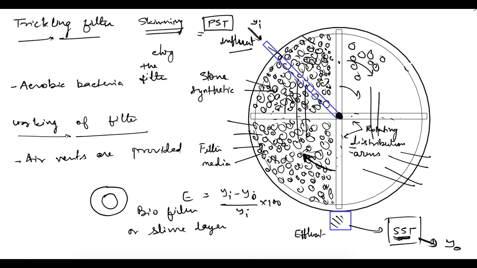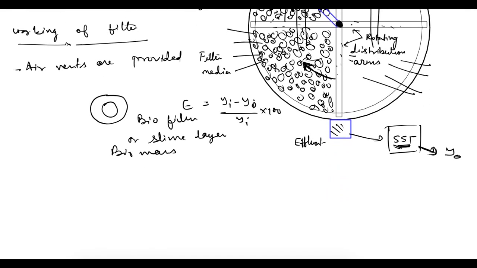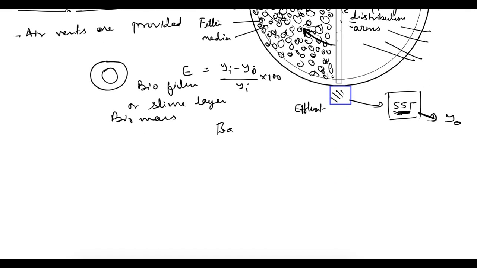This slime layer consists of biomass, and what are the constituents of this biomass? Obviously bacteria is there, and apart from bacteria, protozoa and lichen can be there. These are some of the constituents, and apart from that, cells of these microorganisms can also be there.